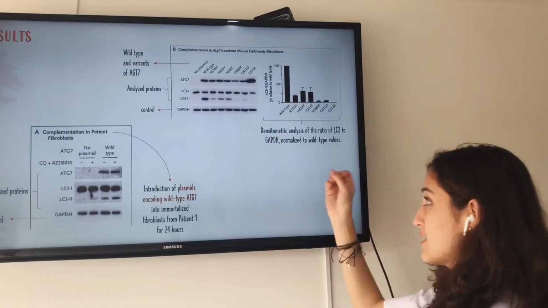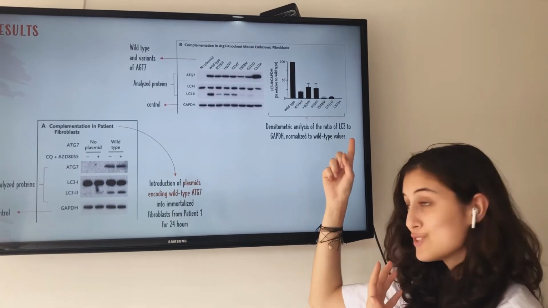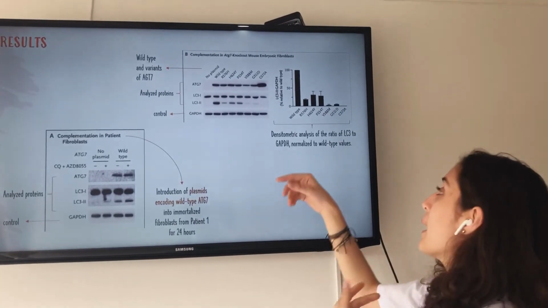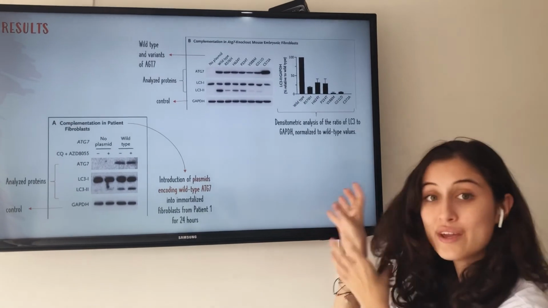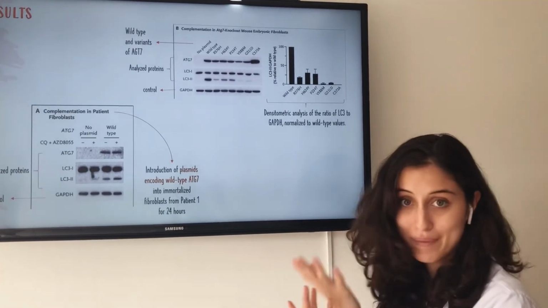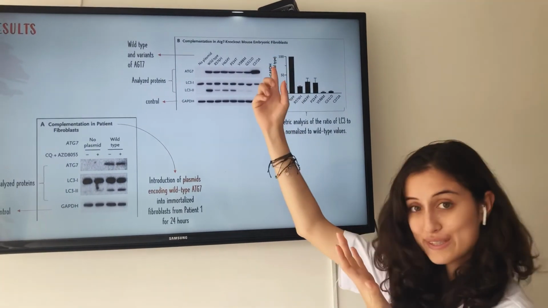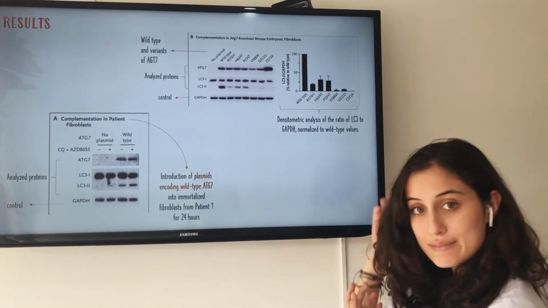Here we can see a densitometric analysis of the ratio LC3II to GAPDH, that is the control, normalized to wild type values. It means it is the ratio in wild type values. So here we can see that wild type is 100% and all the rest are the variants.